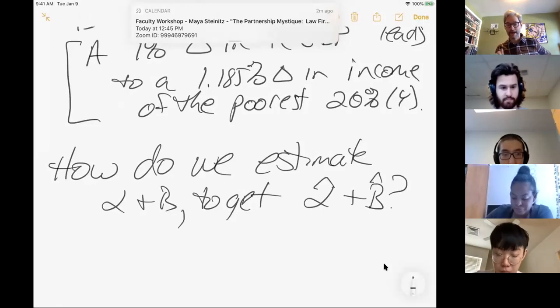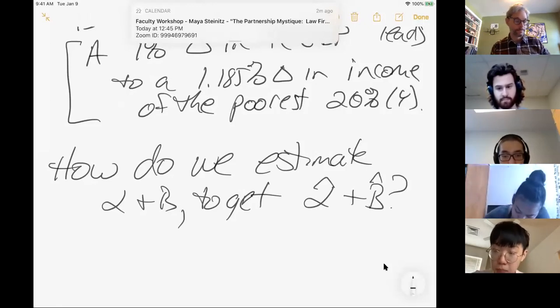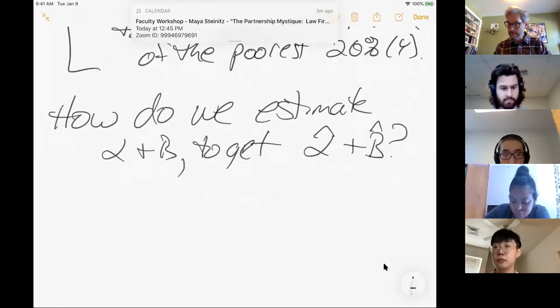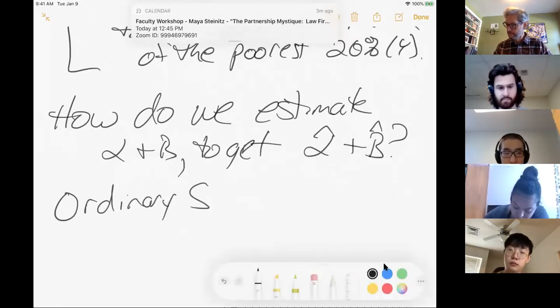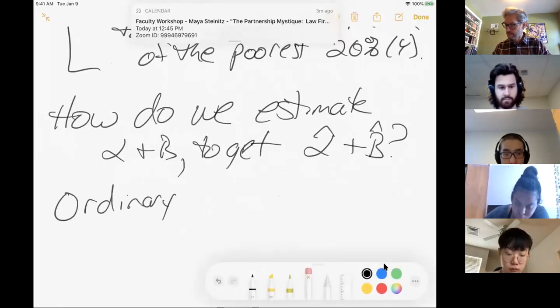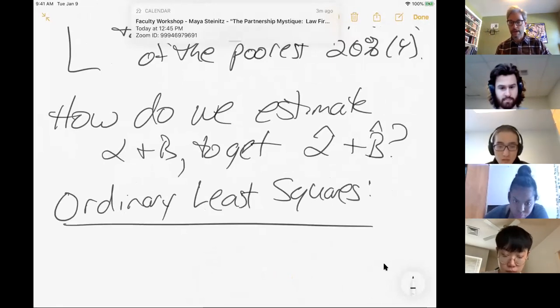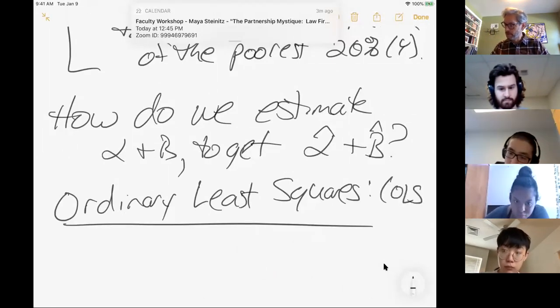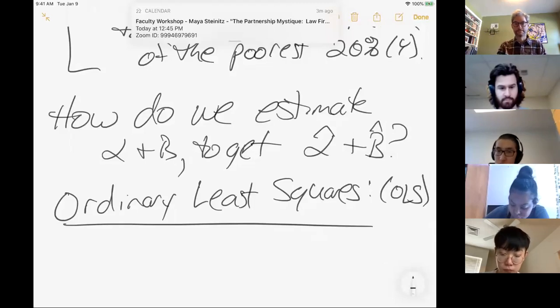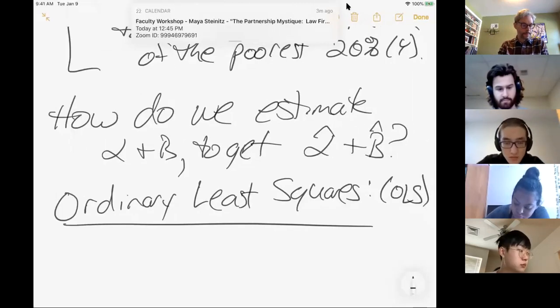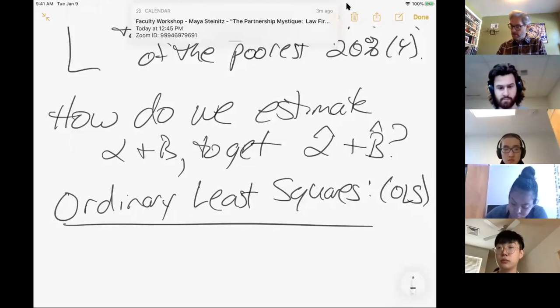Putting a hat in this context means our estimates of alpha and beta. How exactly do we do that? And this is where ordinary least squares comes into play. Ordinary least squares, often referred to as OLS. What does ordinary least squares do?